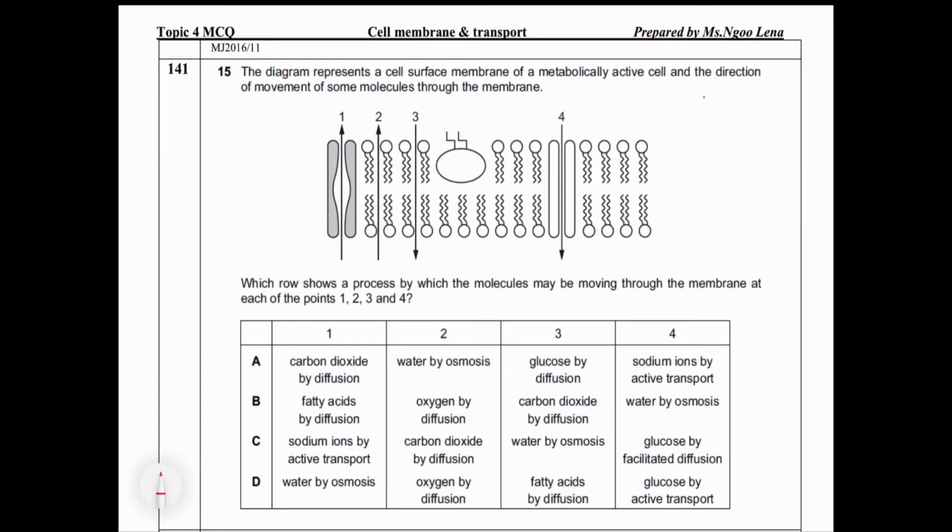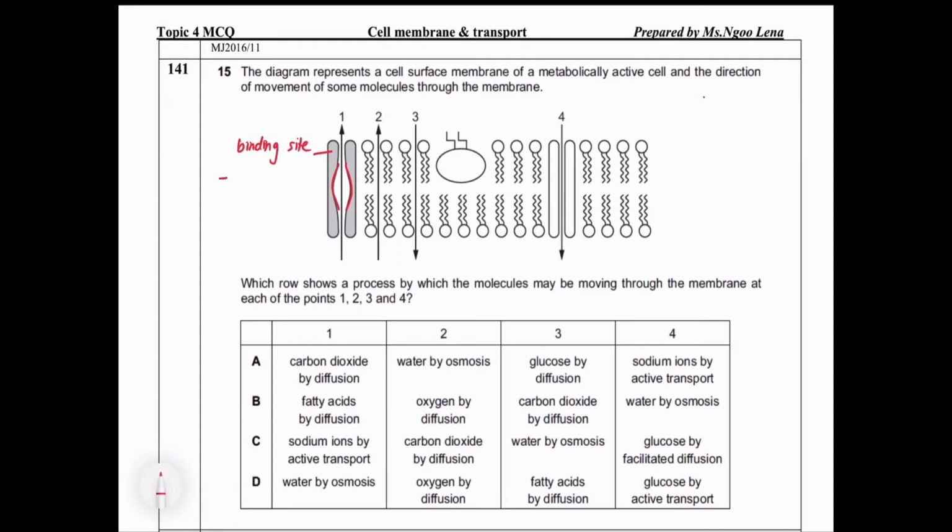So number one, we know that it's actually a protein, and especially a transmembrane protein as it spans across the membrane. So this protein, there's an obvious active site, but we don't call it active site. It's known as a binding site for molecules.